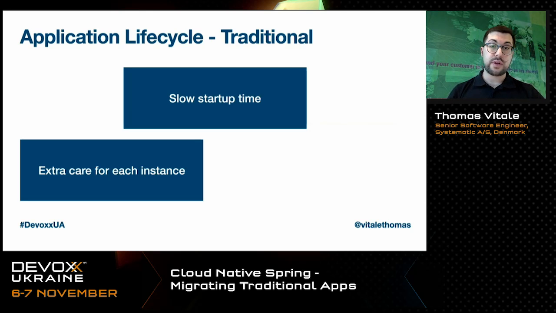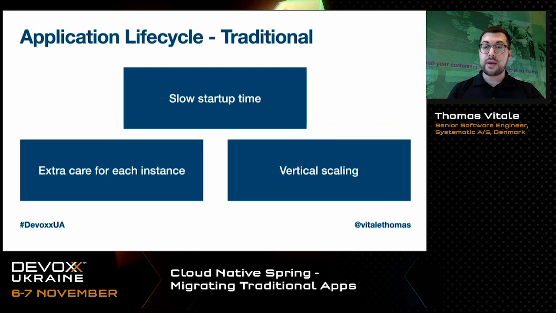So if an application is misbehaving, maybe we redeploy it, or if that doesn't work, we restart the whole application server, including all the other applications on that server. And for increasing workload, we can rely on vertical scaling, so increasing memory and CPU, because sometimes traditional applications are stateful and we can't simply scale them horizontally.